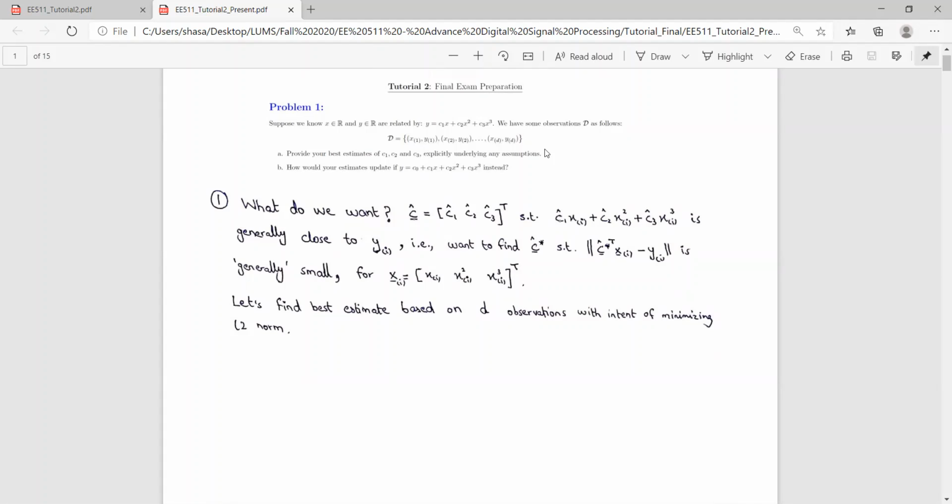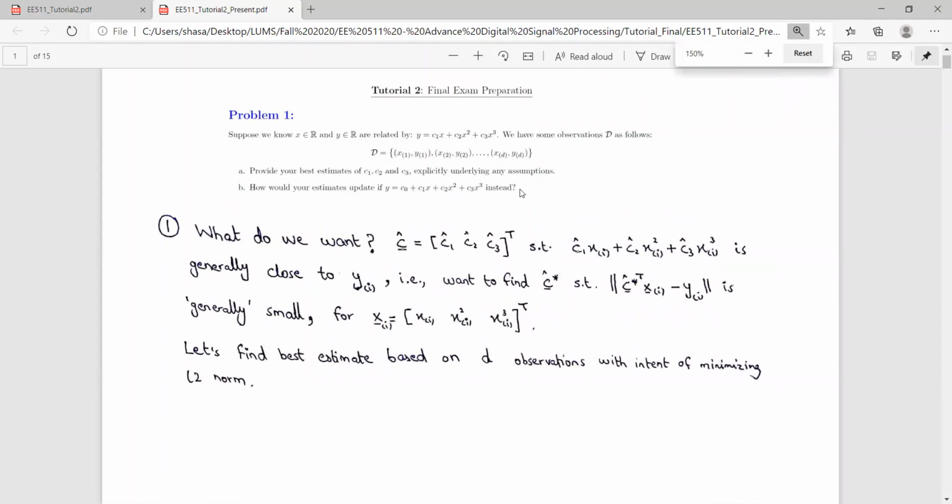So first of all, we can define our coefficient vector, which is just a stacking of c1, c2, c3. And what we really want is that c1 hat x plus c2 hat x square plus c3 hat x cube is generally close to y. This subscript i means that we are dealing with the ith example or ith data point.